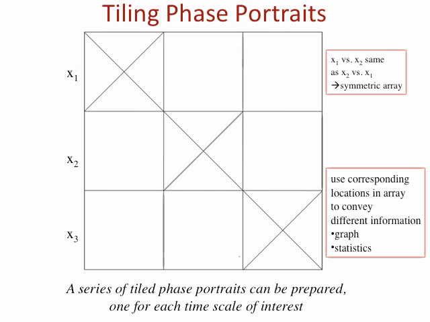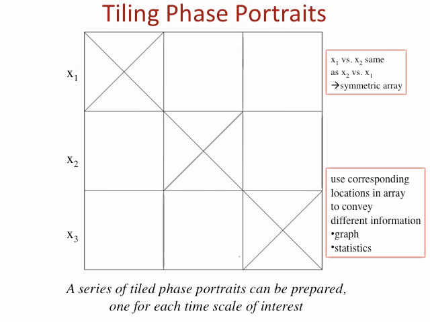So how do I deal with that? Well, it turns out that you can prepare an array of phase portraits, and it is comprised of a phase portrait between any two variables, and then you tile them together as shown in this slide.